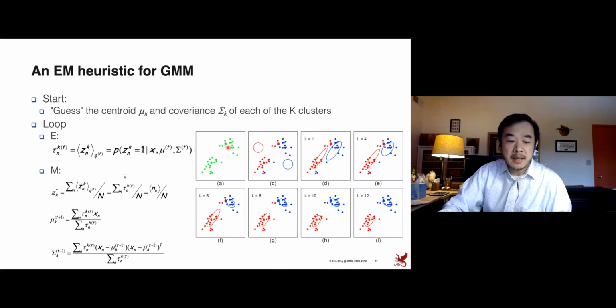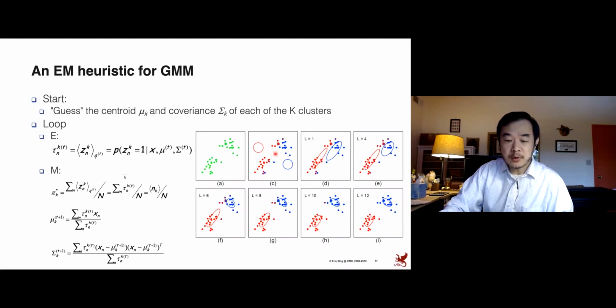You start by guessing randomly the centroids and the covariance of the 2 clusters. Say they are in here and here. You guess them to be centered in here and centered in here, and then you guess the covariance to be a standard kind of covariance, basically a diagonal matrix of 1, for example. You can start from there.